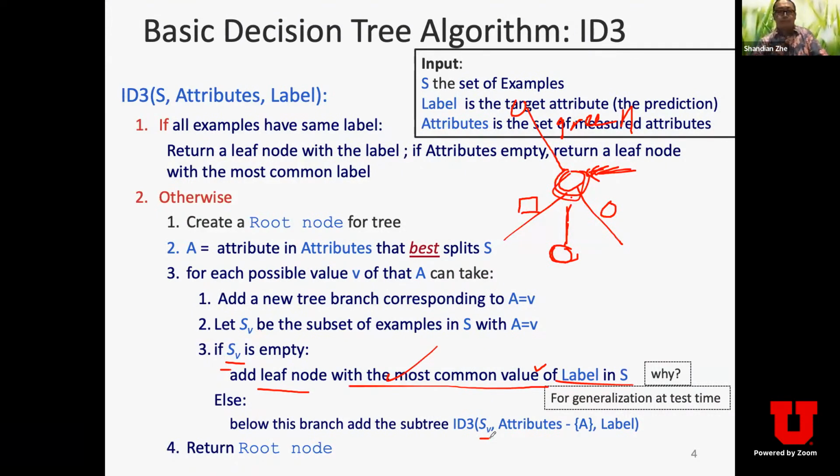And in this recursive call, make sure that you kick out A from your attributes. Why? Because A has already been used. In other words, look at this S_v: all the examples in S_v have their attribute A taking the same value v. So even if you preserve A, it won't give you any meaningful split.